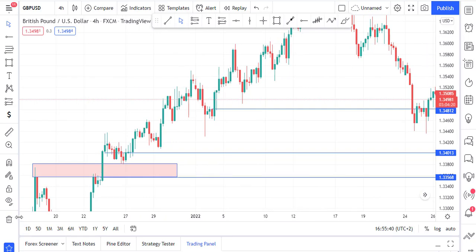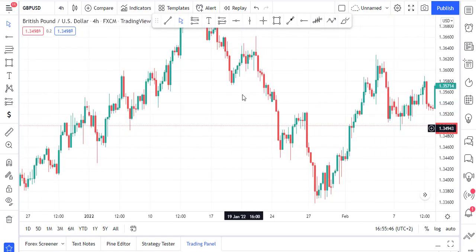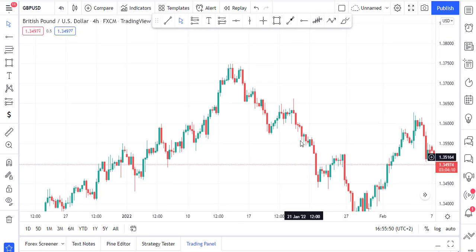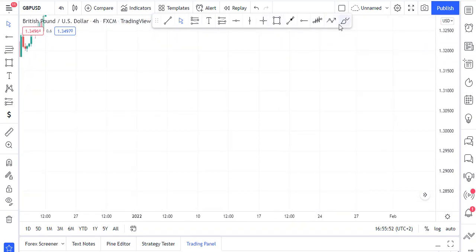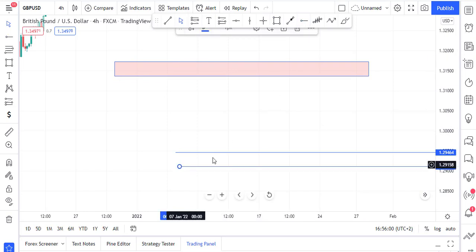So how does it all work? How can we trade inefficiency? Number one, inefficiency works as a magnet. Let me give you this example. Let's say we have an order block in this area, right? Then we have some fair value gap down here, something like this.